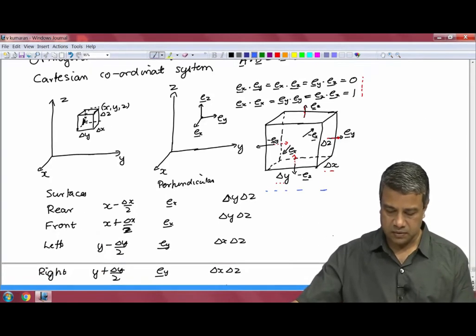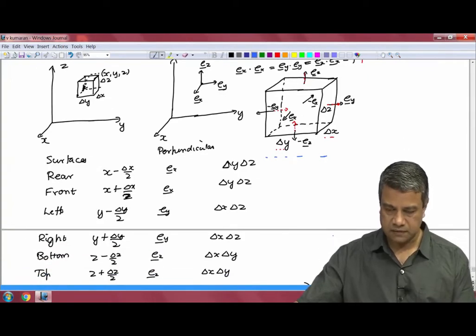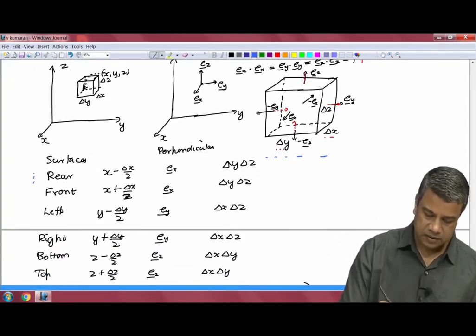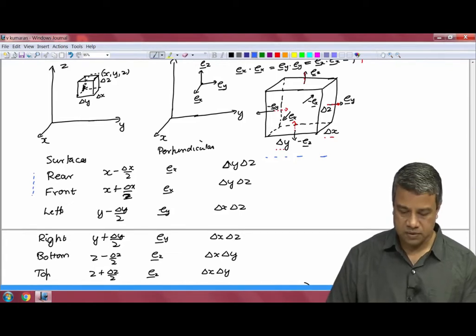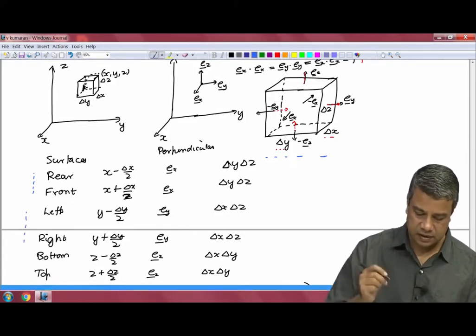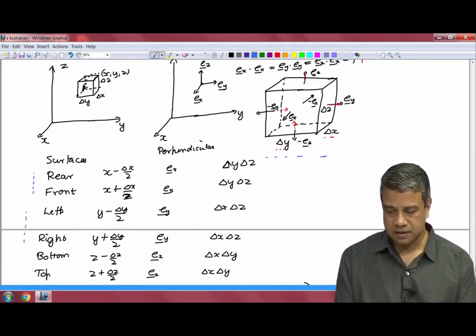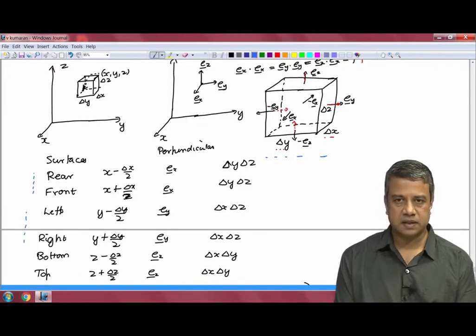Their surface areas are the products of the 2 increments perpendicular to the coordinate.